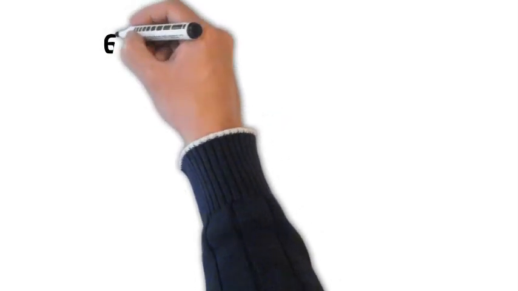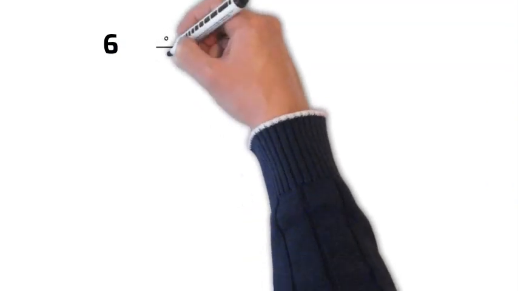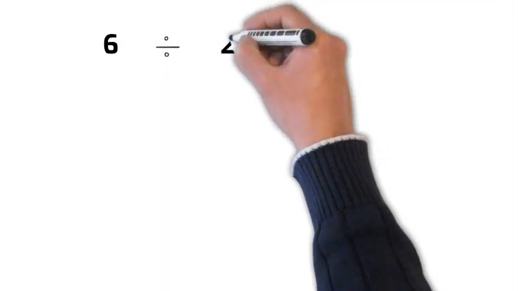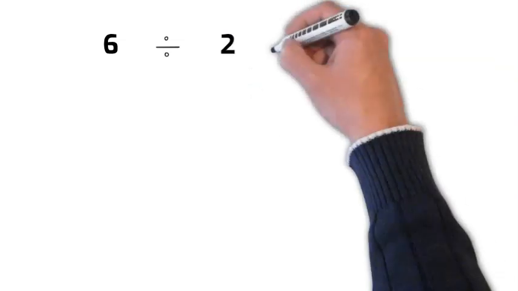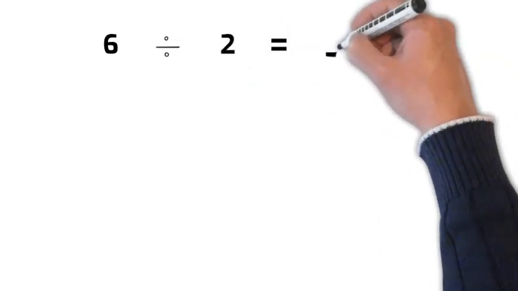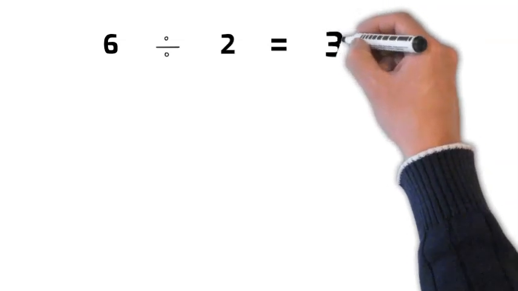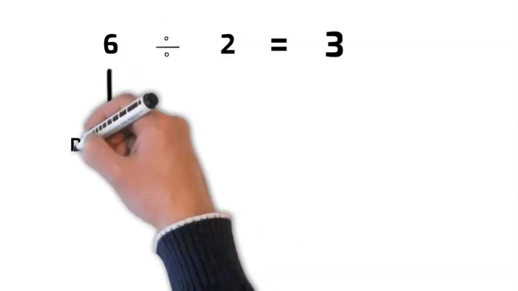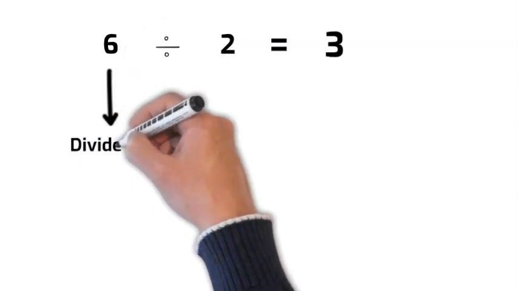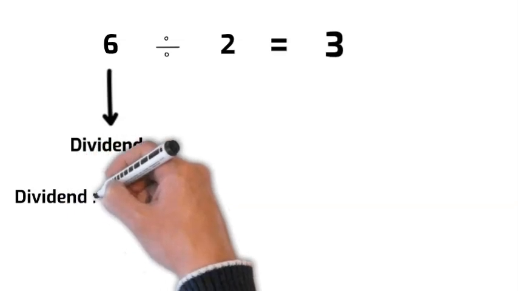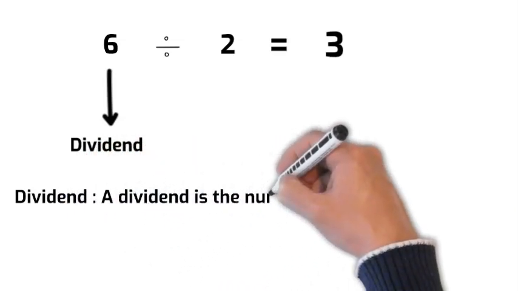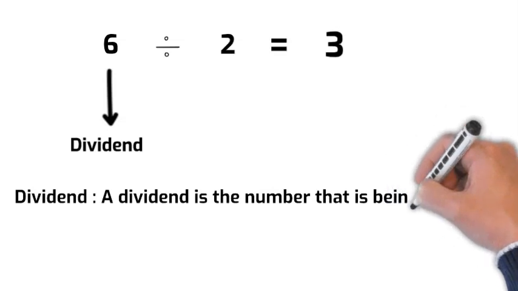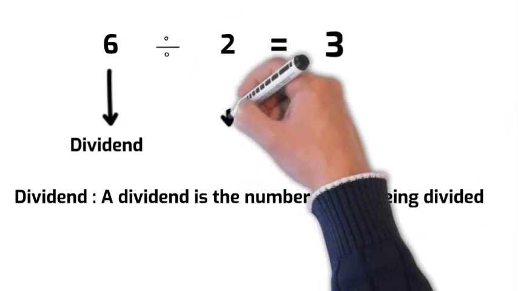In the example, 6 divided by 2 equal 3. 6 here is called dividend. A dividend is the number that is being divided.